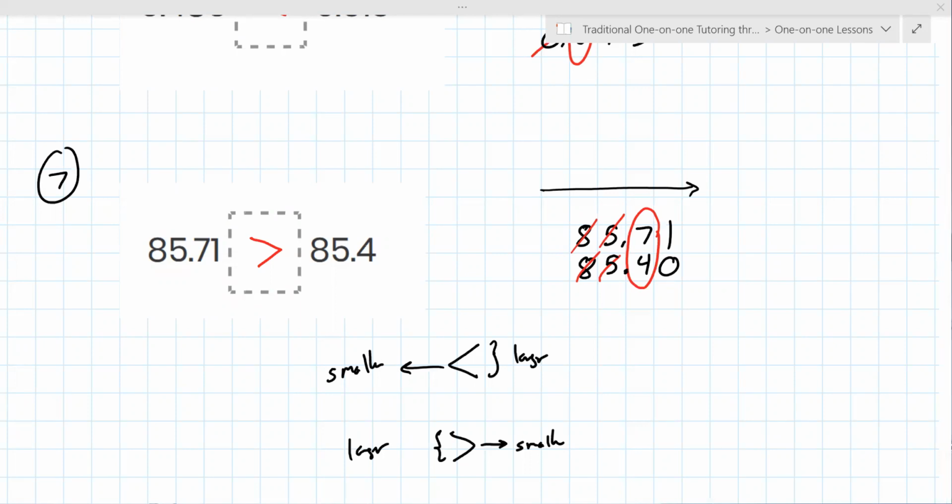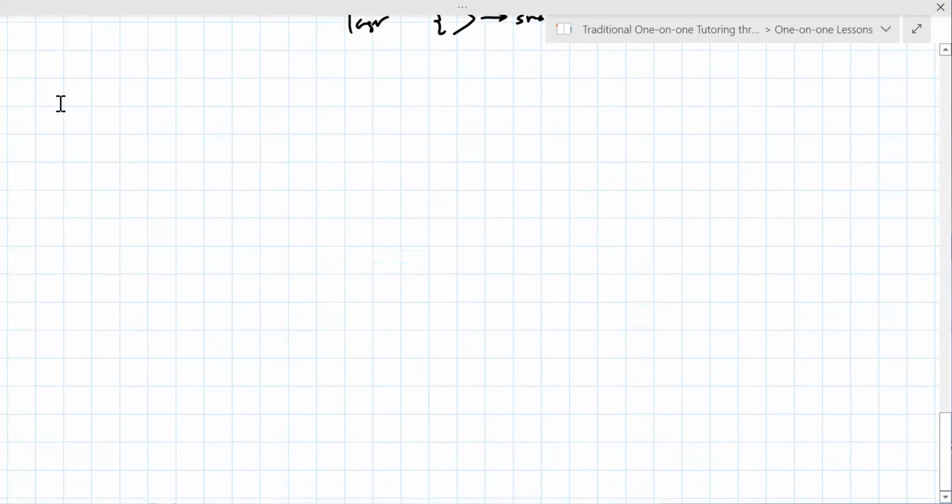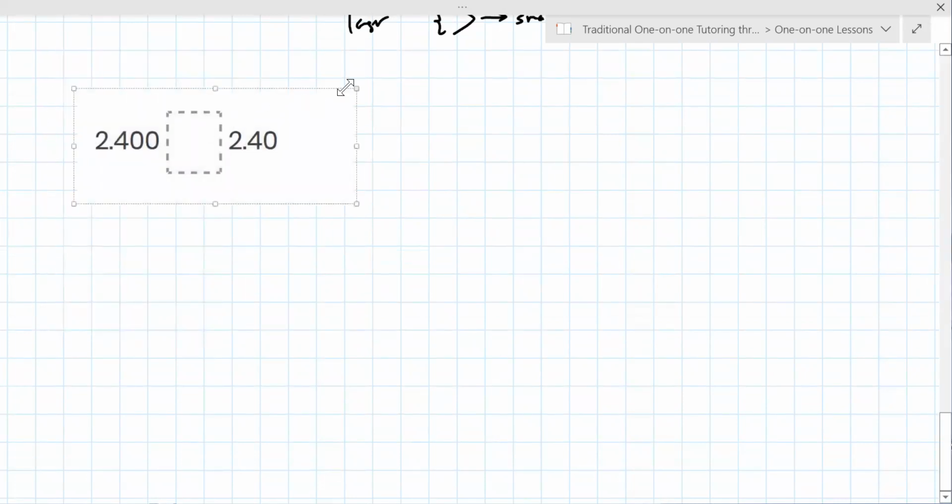Got it. Okay, let's look at another one here. So again, if they're not the same number of digits, you should write them and then extend whichever one is needed to get the same number of digits. Okay.